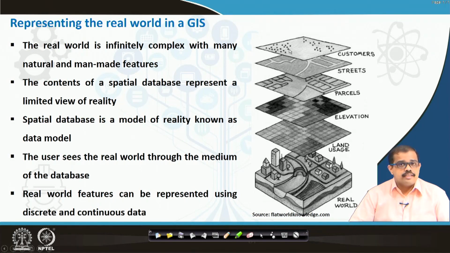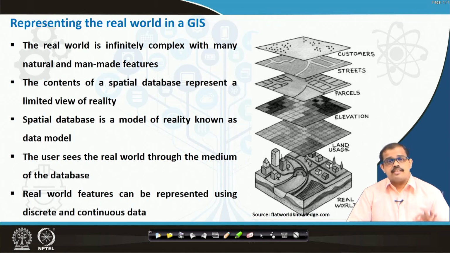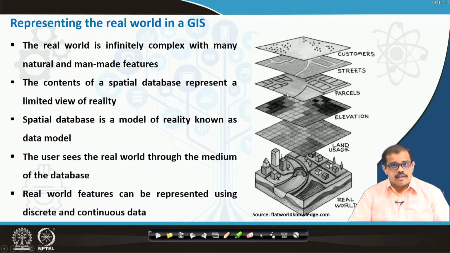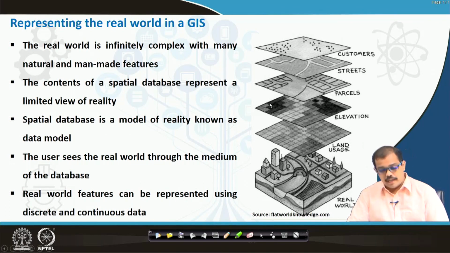Each of the points represented in the customer layer, or a street represented here, is not continuous data, it is point data; a number of points make a line segment. So it is represented as discrete data, whereas wherever you see elevation data, it is a continuous phenomenon, not a discrete one.